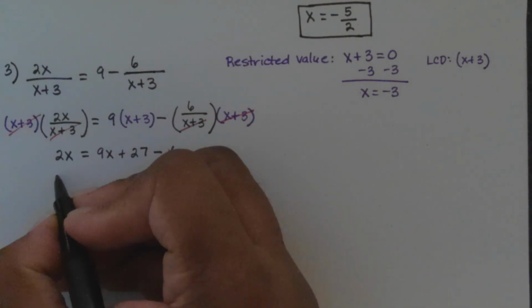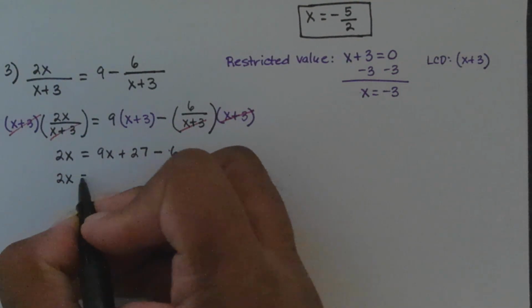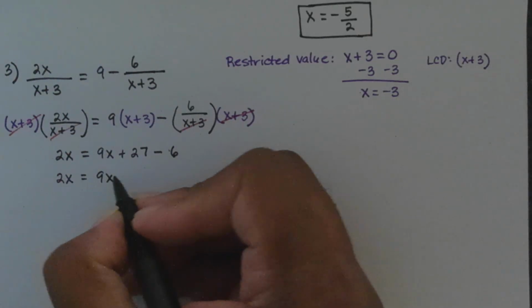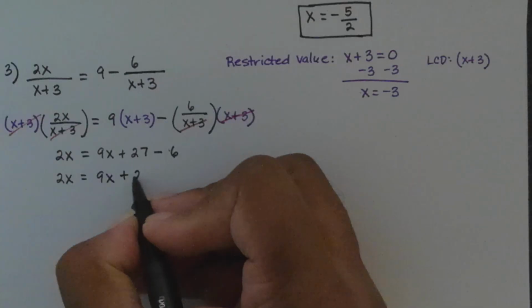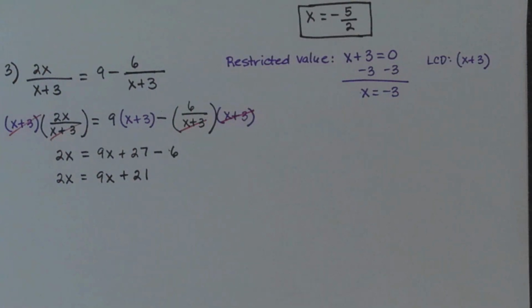Now combining like terms here, bring this 2x down. And that's equal to, bring down the 9x. What's 27 minus 6? 21. So we've got 2x is equal to 9x plus 21. And I'm going to go ahead and move the 9x over to where the 2x is. By doing what?